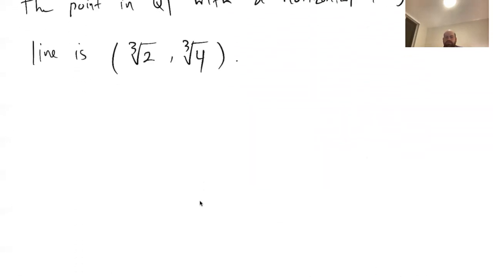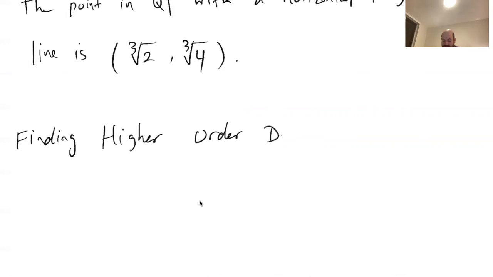Okay, another important subtopic here is how to find the second derivative using implicit differentiation. Finding higher order derivatives using implicit differentiation.